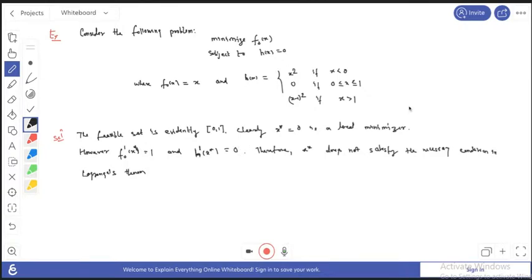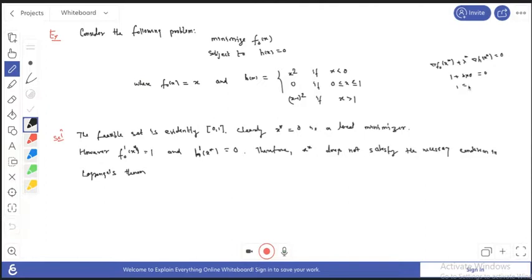Okay, and Lagrange's theorem says that the gradient of f0 at x star plus lambda star times the gradient of h at x star equals 0. Here the derivative of f0 equals 1, plus lambda, a scalar, times this term which is 0, that equals 0.